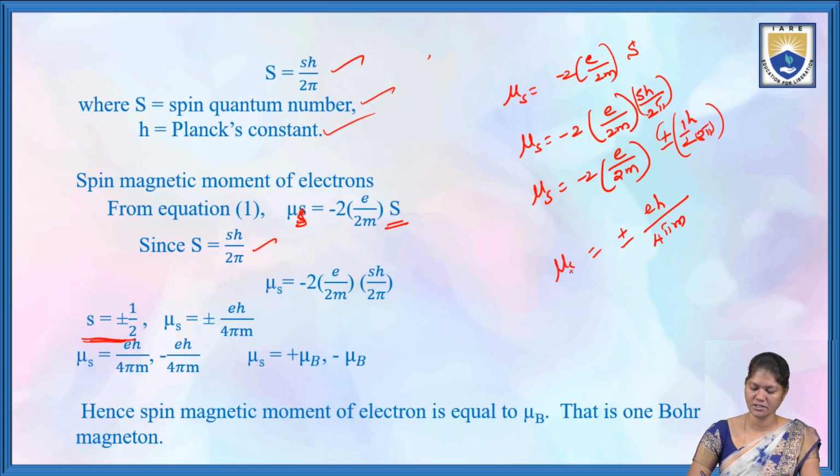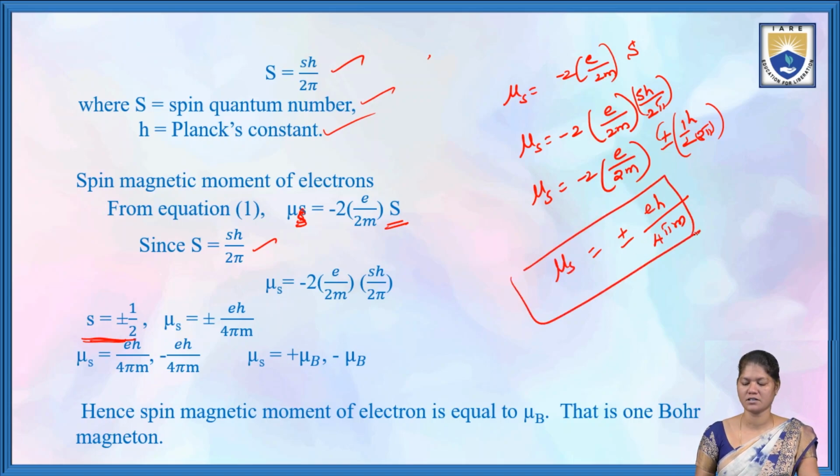So mu s is equal to plus or minus eh by 4 pi m.